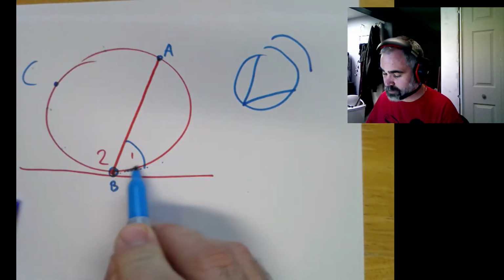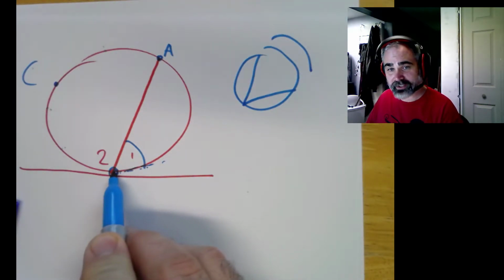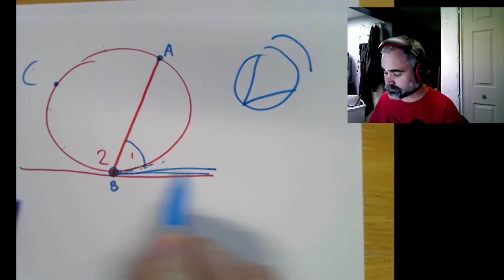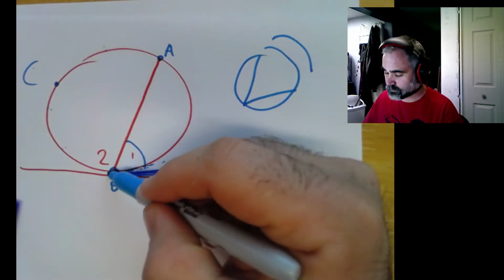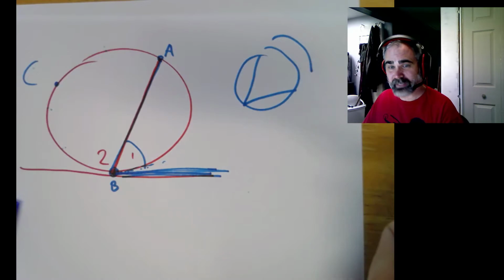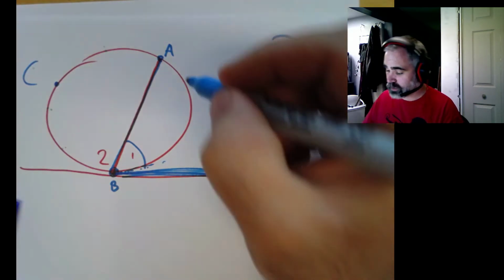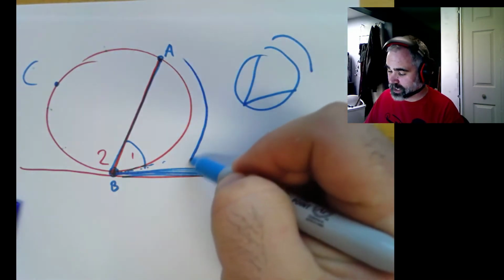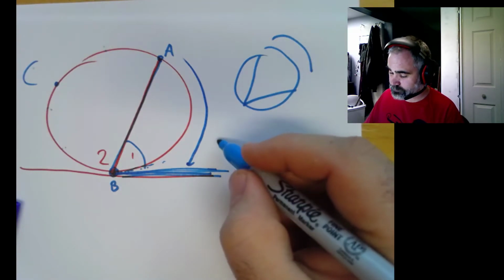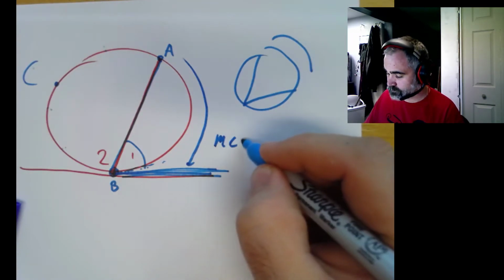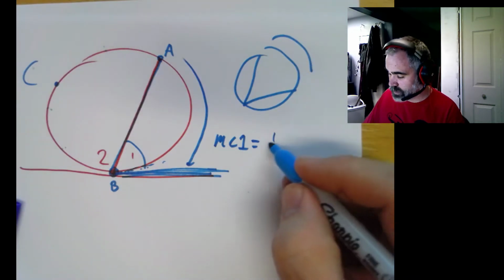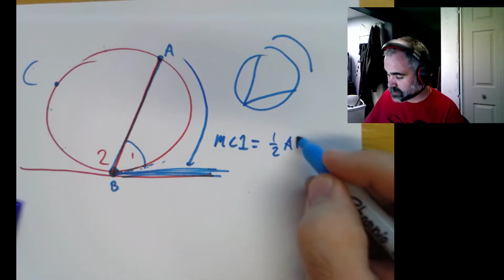Okay, normally we'd see an angle like this, but since this is a tangent here, it's still technically an inscribed angle. So angle 1 is just half of AB, equals 1/2 of arc AB.